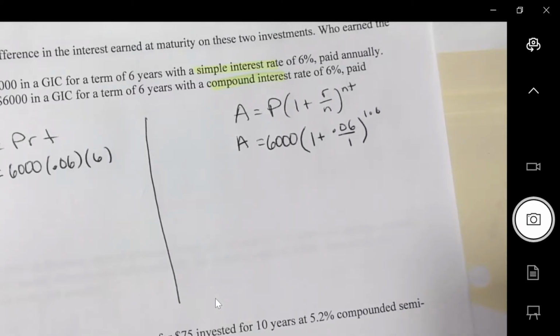Okay, so I filled in all the info. The compounds are compounded once a year. So it says paid annually, so once a year.